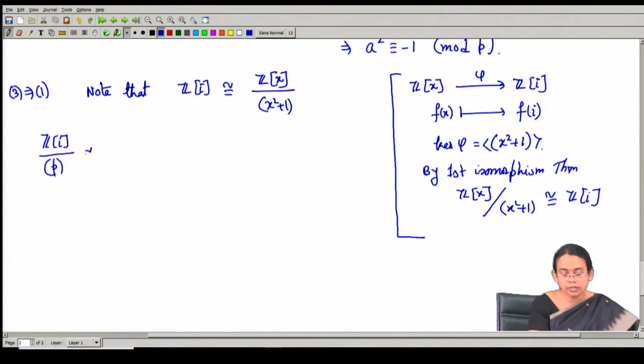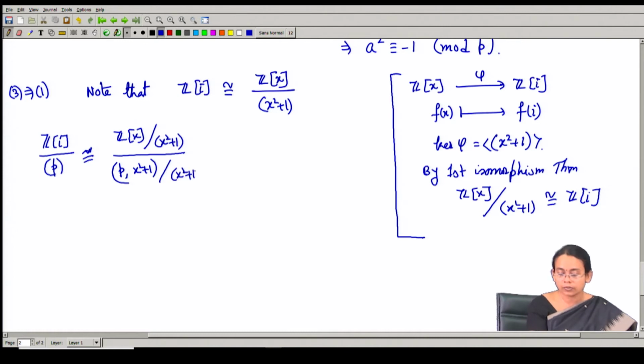So, Z[i] quotient p is isomorphic with Z[x] quotient x square plus 1 quotient, then I can write it as nothing but (p, x square plus 1) quotient x square plus 1.